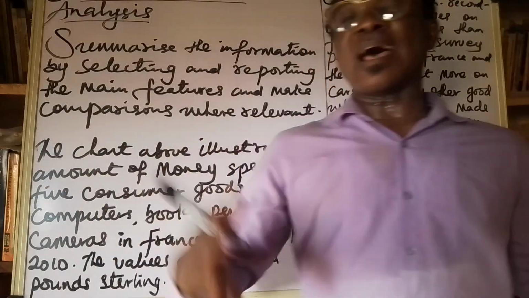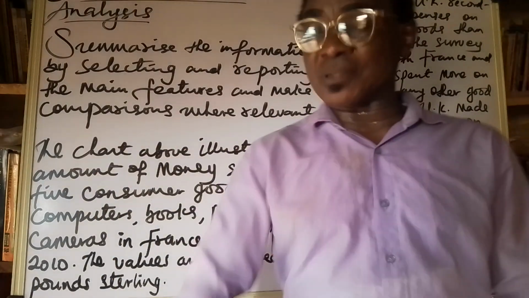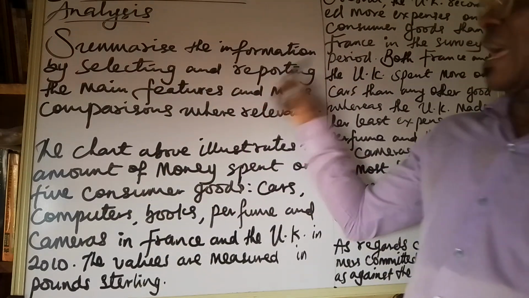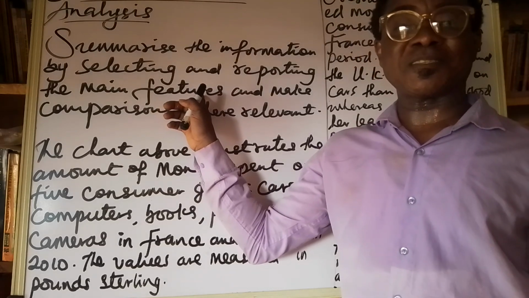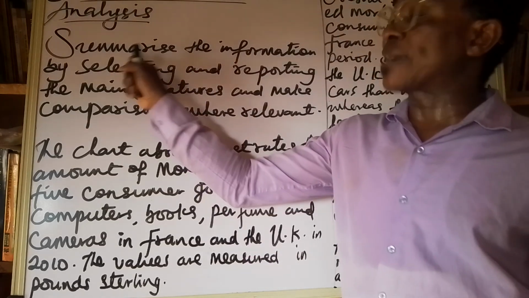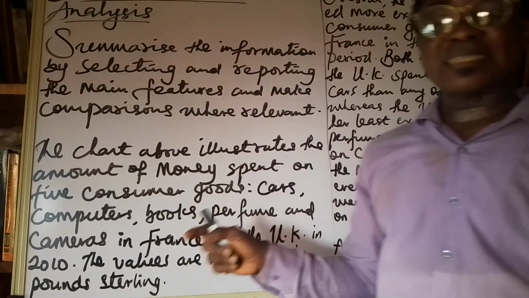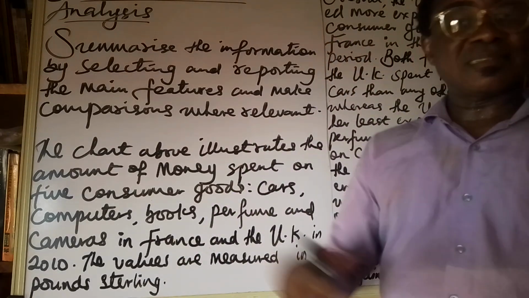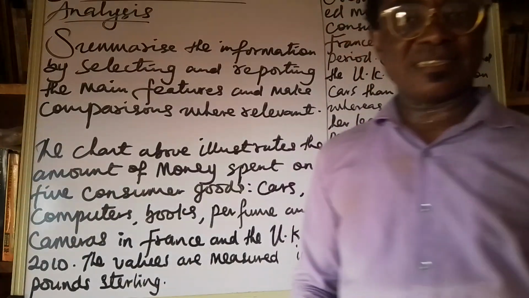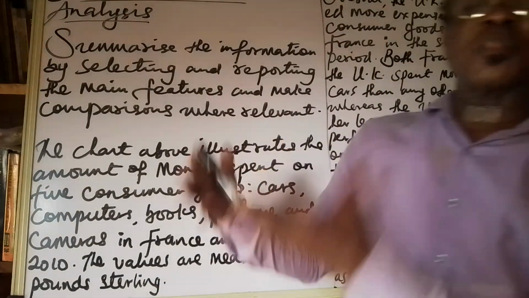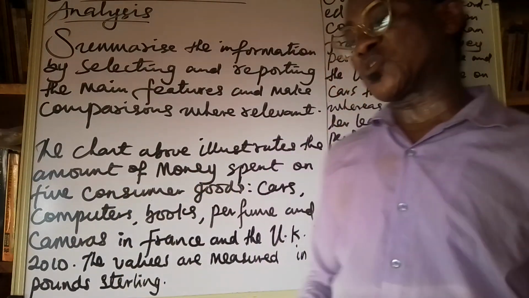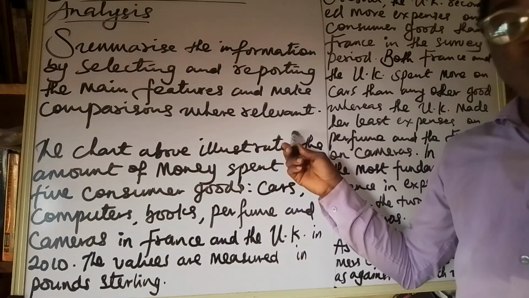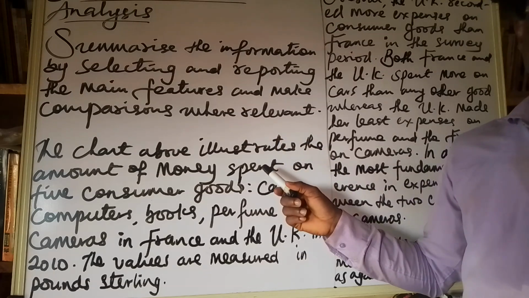As we are to analyze that bar chart, the economic model, in writing, we do so by selecting and reporting only the main features. That is why we have to summarize. A summary involves taking only the relevant points and being completely quiet over the unnecessary details. Then we have to make comparisons where it is absolutely relevant.